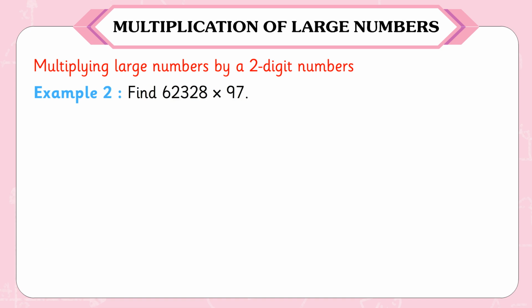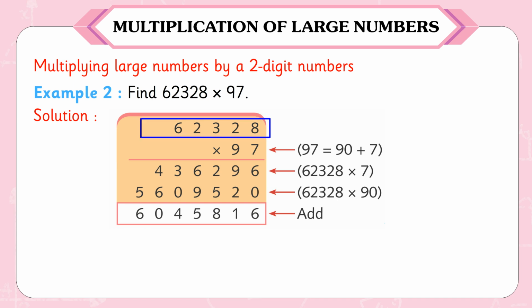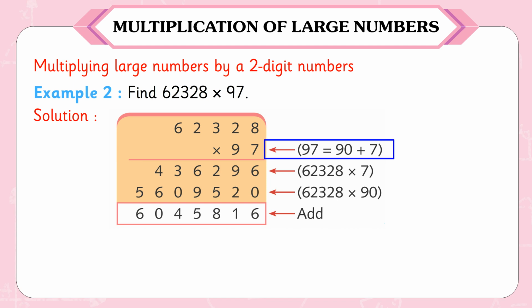9,36,196. Example 2. Find 62,328 into 97. Solution: 62,328 into 97. 97 is equal to 90 plus 7. 62,328 into 7 is 4,36,296. 62,328 into 90 is 56,09,520.